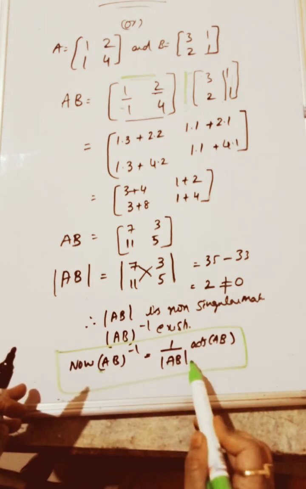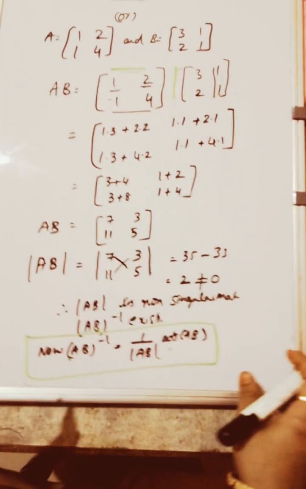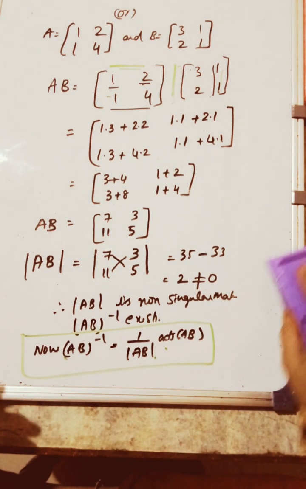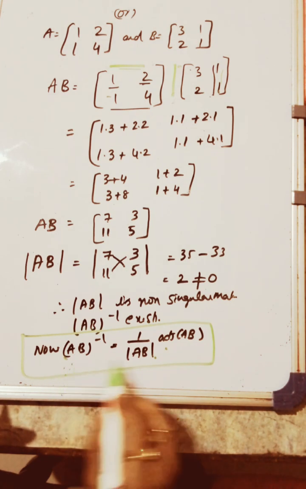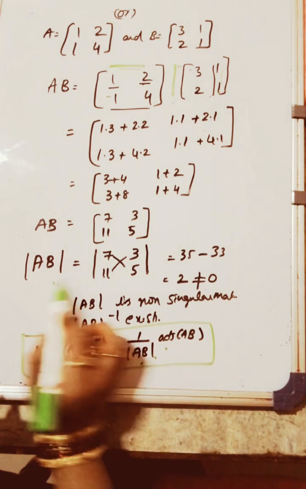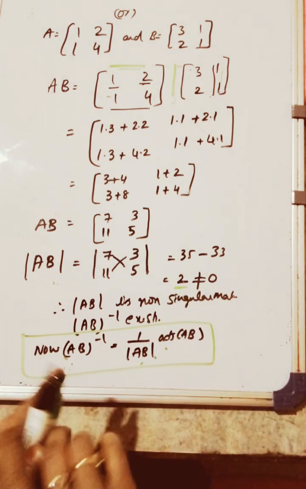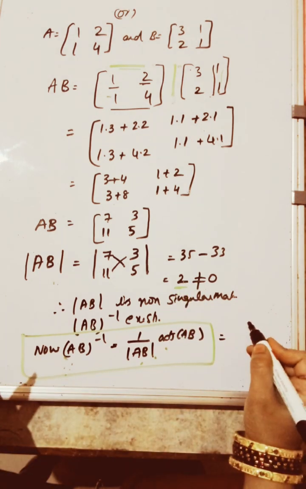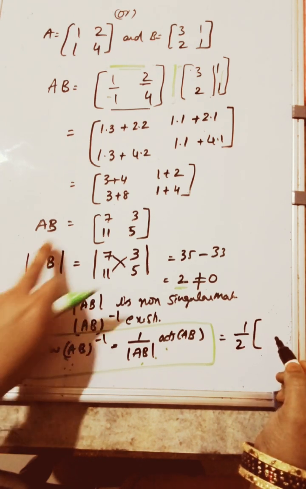AB inverse is equal to 1 by determinant of AB times adjoint of AB. Here we know the AB matrix and the determinant, 2. So it equals 1 by 2 times adjoint of AB.